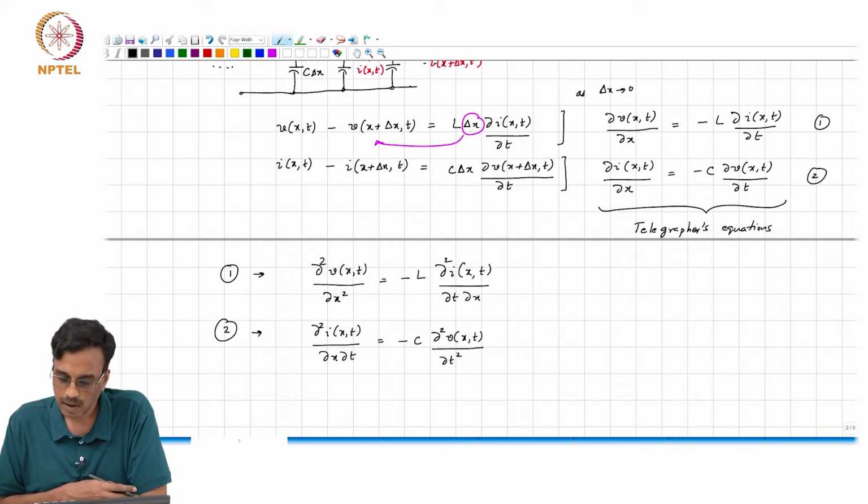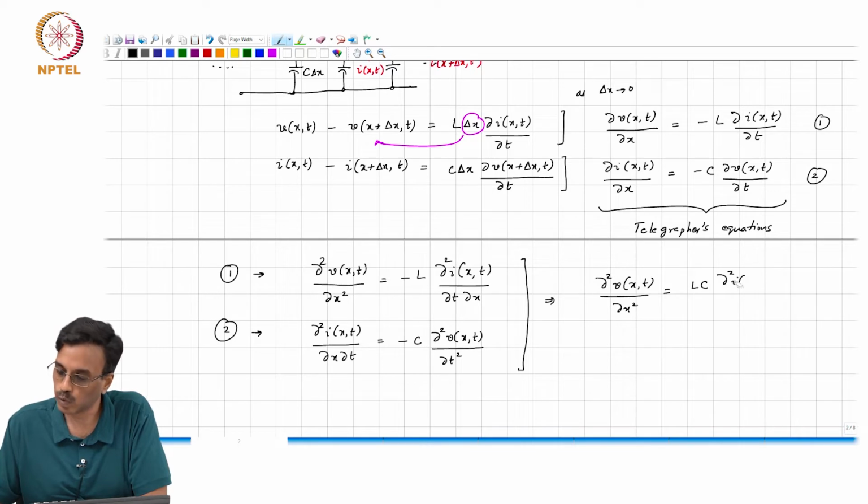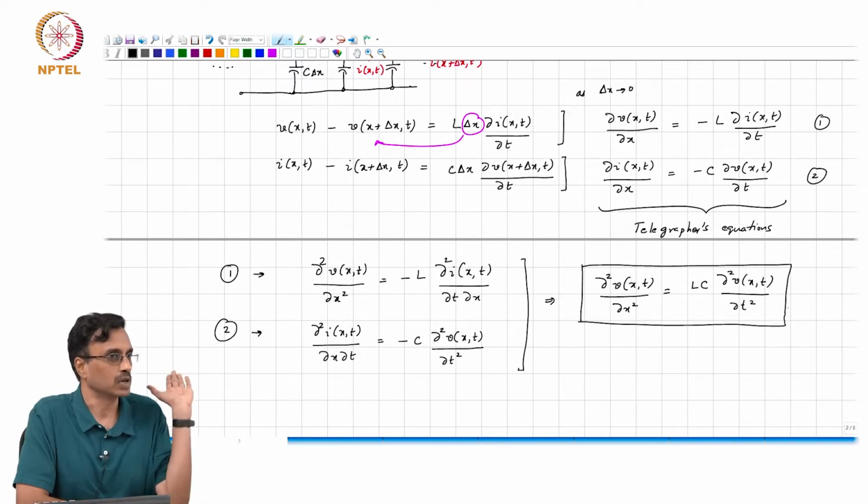All right, so what does this mean? We get ∂²V/∂x² must be L times C times ∂²V/∂t². It is a straightforward substitution.